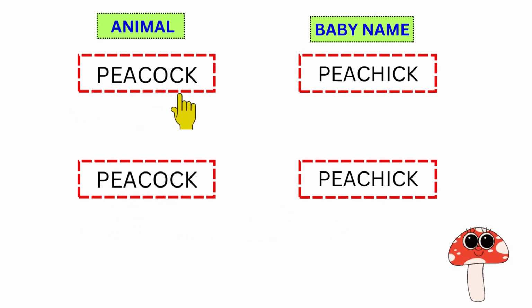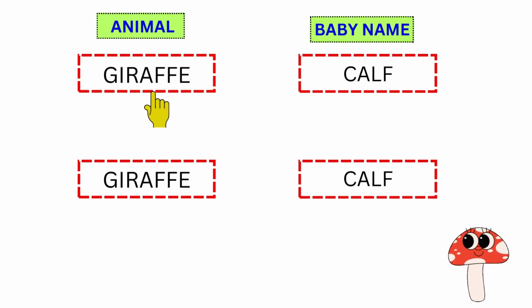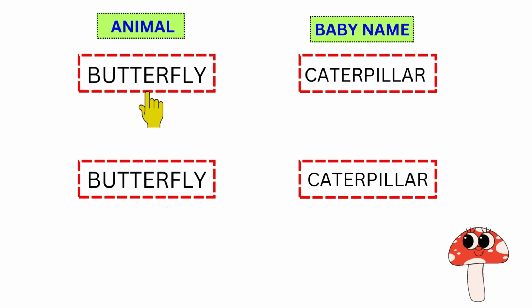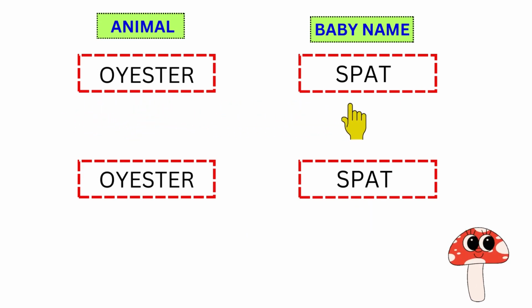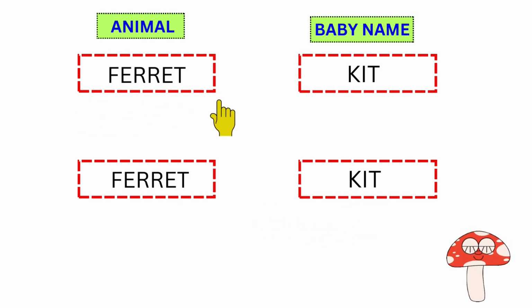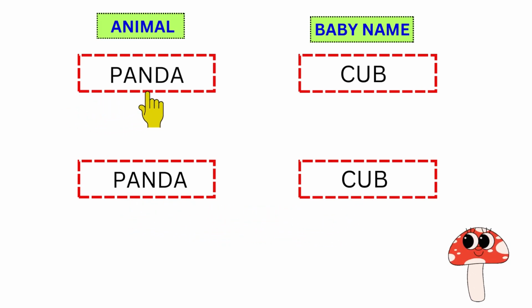Peacock, peachick, peacock, peachick. Giraffe, calf, giraffe, calf. Butterfly, caterpillar, butterfly, caterpillar. Crocodile, hatchling, crocodile, hatchling. Oyster, spat, oyster, spat. Ferret, kit, ferret, kit. Panda, cub, panda, cub.